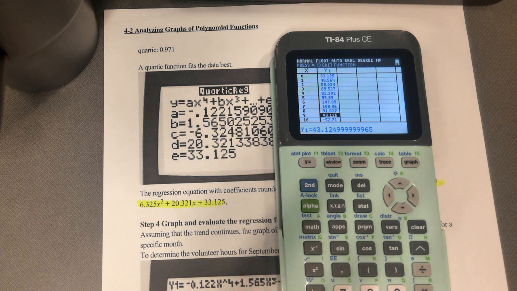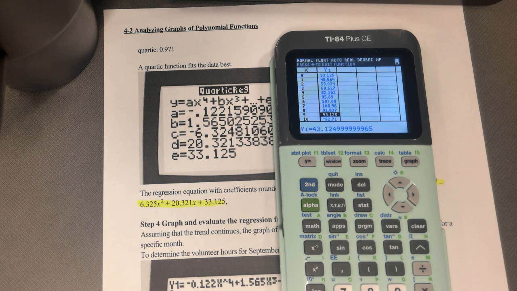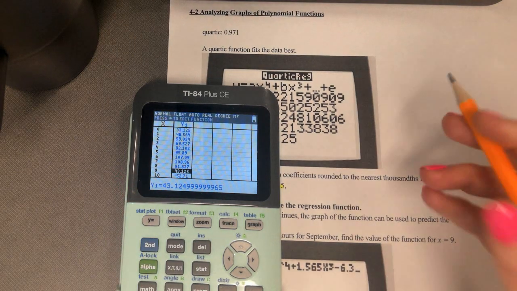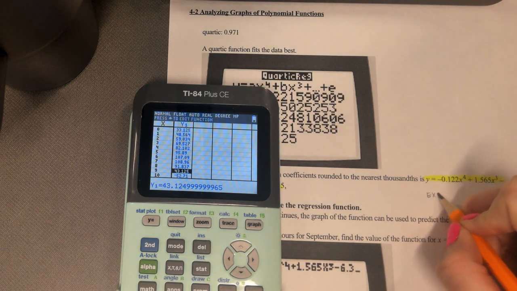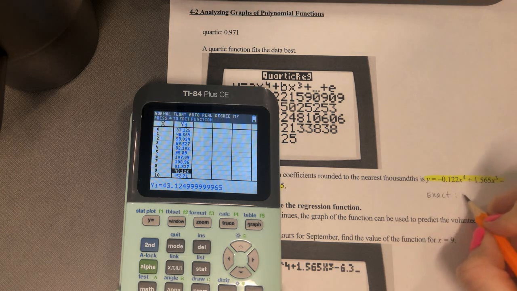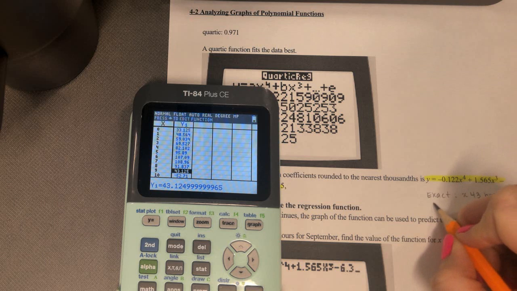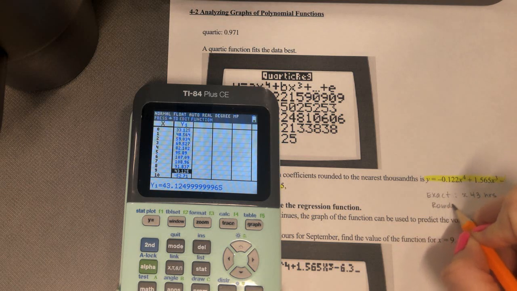What did you guys get? And you did exact or not? Oh yeah, that's okay. So if you do the exact one, you get 43 hours. And then if you do the rounded one, you get 44.